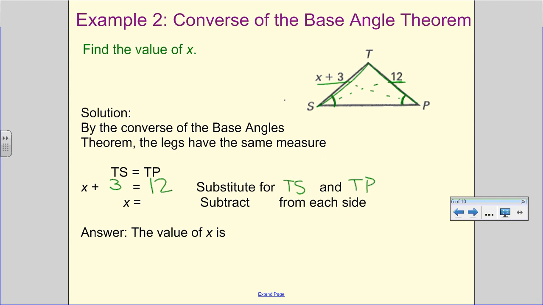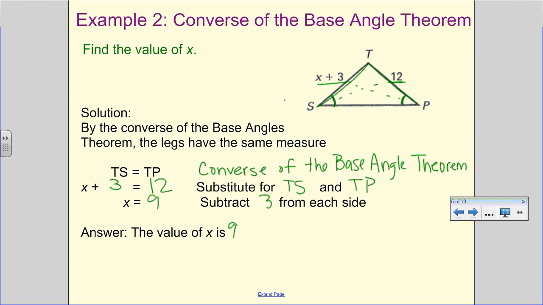The reason I know TS is equal to TP is the converse of the base angle theorem. Then you're going to subtract 3 from each side, and you get x is equal to 9.